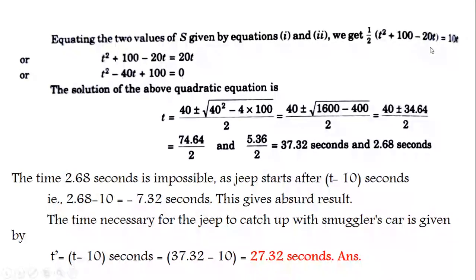Now resolve this equation. This 2 comes to this side, so t square plus 100 minus 20t equals 20t. Now this 20t comes to this side, so we get t square minus 40t plus 100 equal to 0.